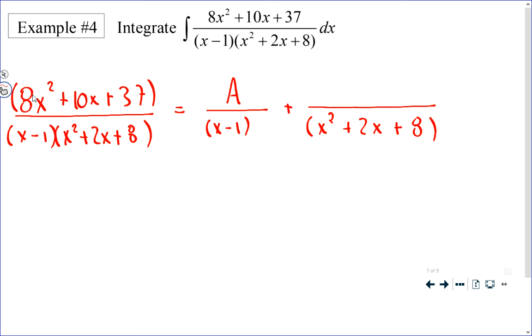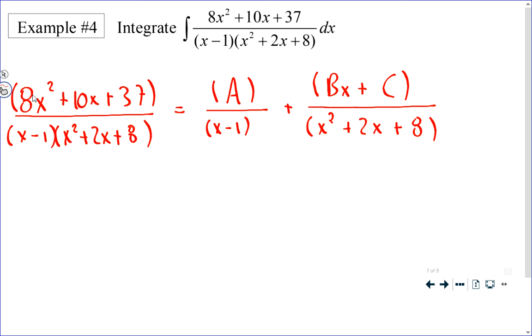Since x minus 1 is linear, which is a degree 1, the numerator of that partial fraction will be a constant, which is degree 0. The denominator x squared plus 2x plus 8 is degree 2, which means we have to have a degree 1 numerator in the second partial fraction. And that means the numerator is going to be bx plus c. This is what we are dealing with for the partial fractions.